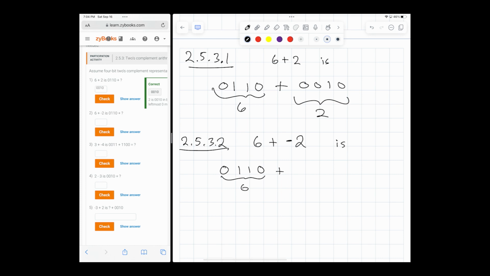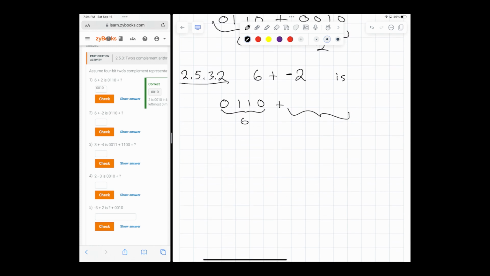There's the 6 plus, and then how do you do minus 2, right? In order to get the minus 2, the number that goes here, what you have to do is the whole process of coming up with a 2's complement number. So start with positive 2, which is 0, 0, 1, 0, right? That's 2.